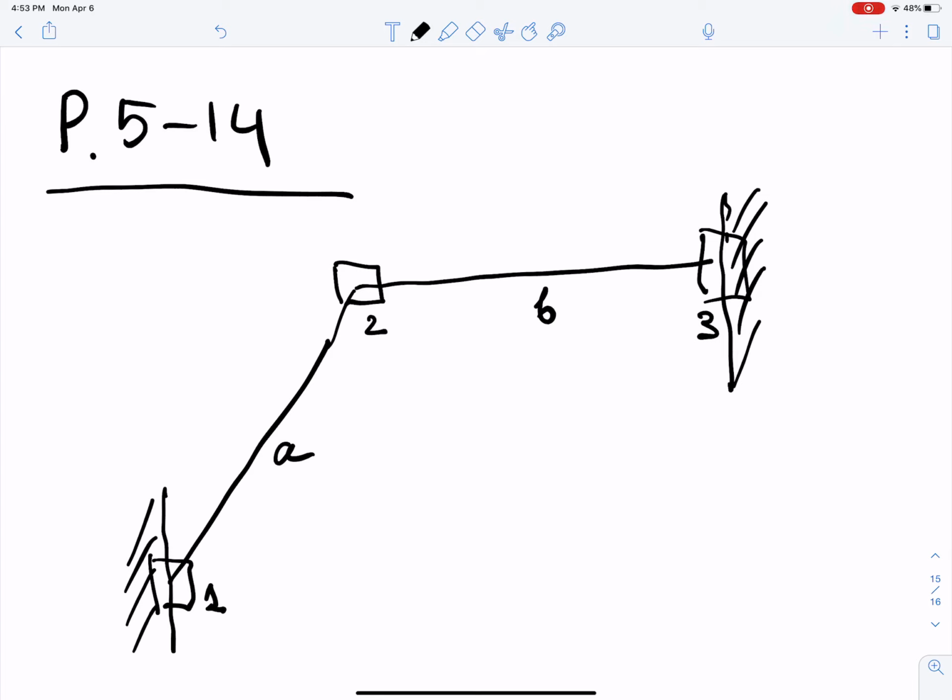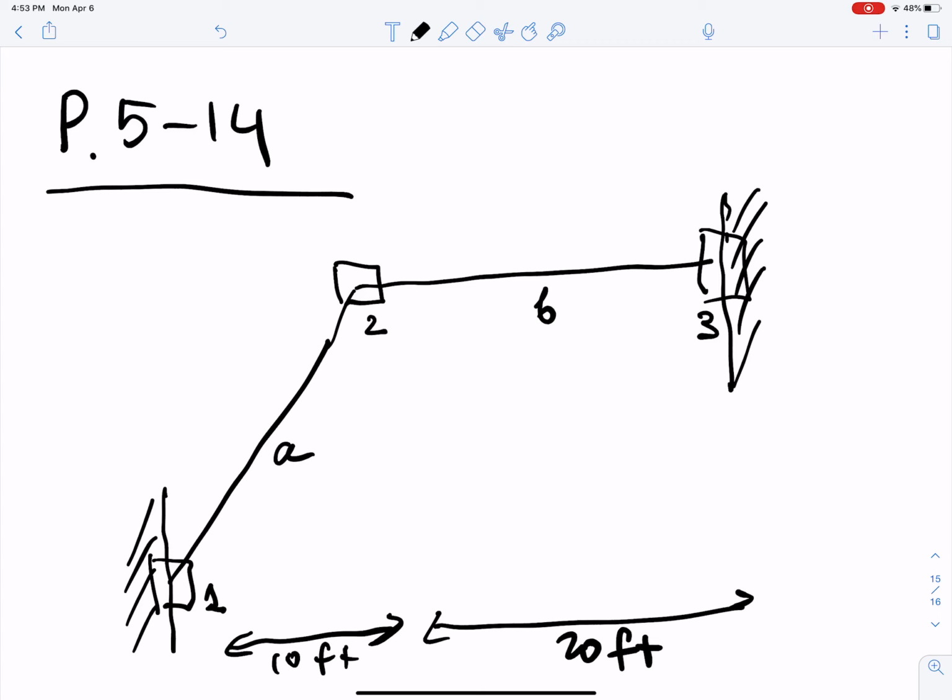So the problem has dimensions. This guy is 10 feet. This guy here is 20 feet. And the height is also 20 feet like this.